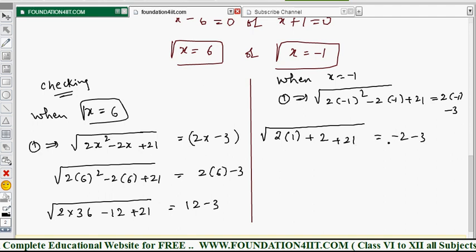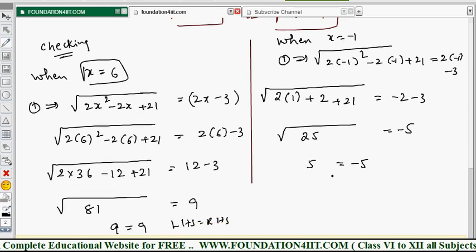The right side is minus 2 minus 3, which gives minus 5. The left side is 2 plus 2 is 4, and 21 makes 25. Square root of 25 is 5, but the right side is minus 5. So 5 is not equal to minus 5.